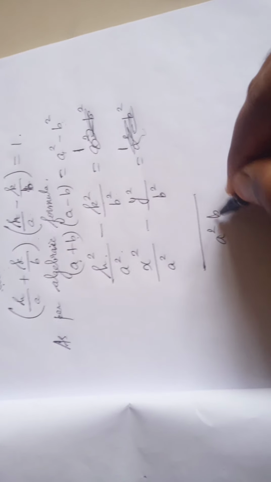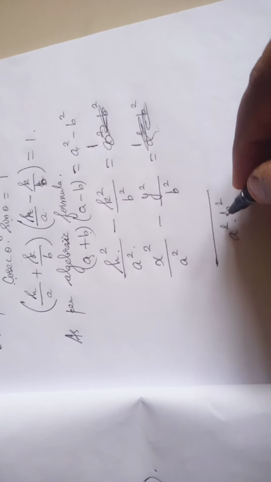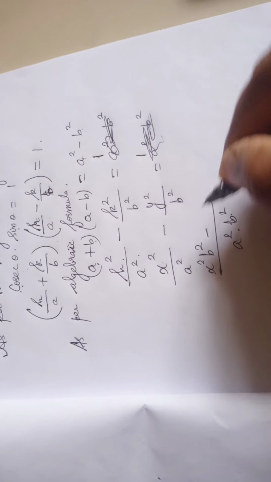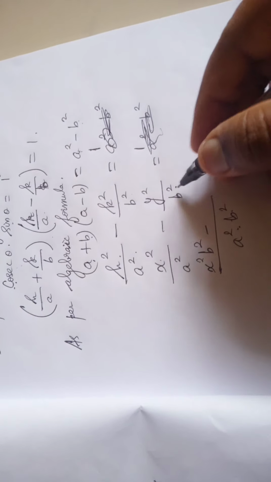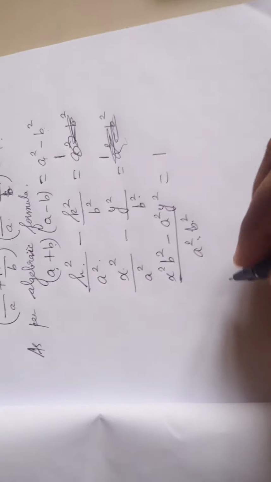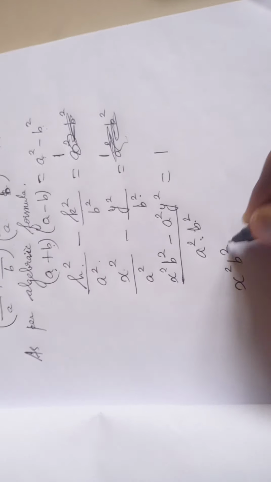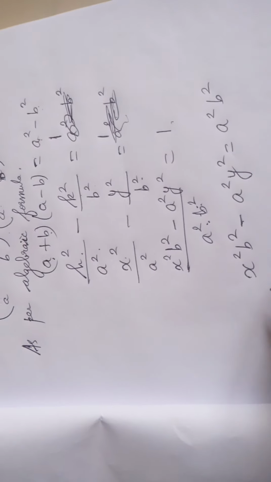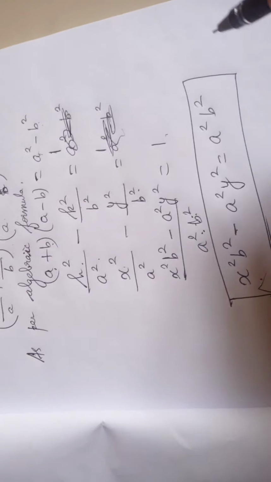So x² b² minus a² y² equals a² b² into 1, that is a² b². So this is the formula which we have proved.